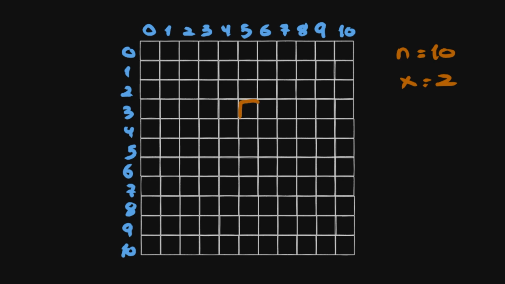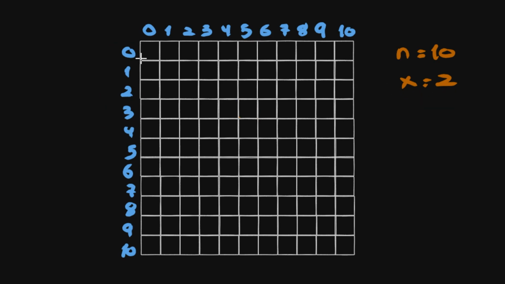And every value in this grid represents the number of ways in which we can sum the number corresponding to the current column, taking rows from 0 to the current row. So in this case from 0 to 3. And we are taking each of these rows to the power of x.